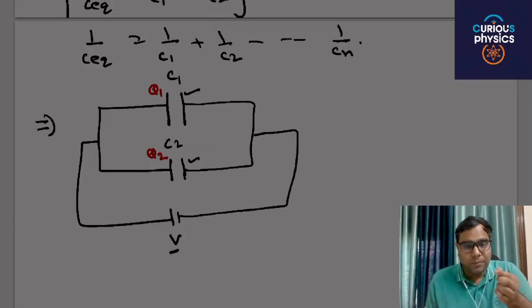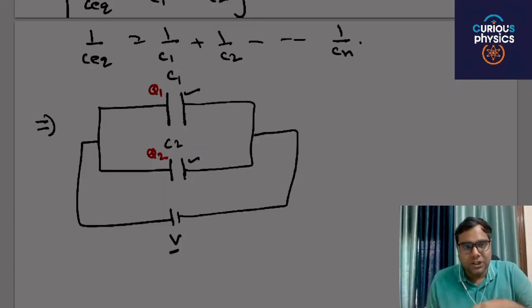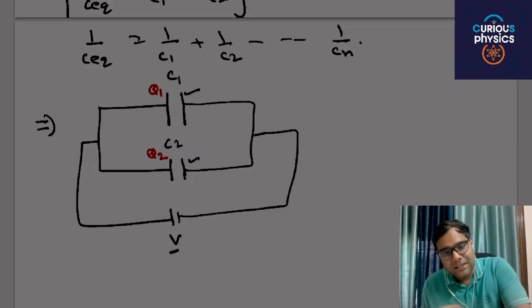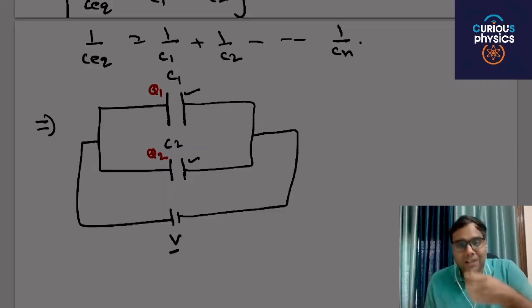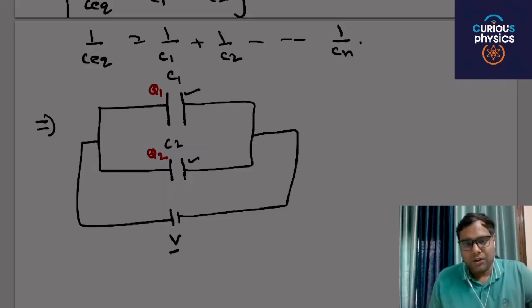In series combination, the charge remains the same, but in parallel combination, charge will not remain the same. In series combination, potential difference is different across the capacitors, but in parallel combination, potential difference is the same across the capacitors. Are you able to understand my point?